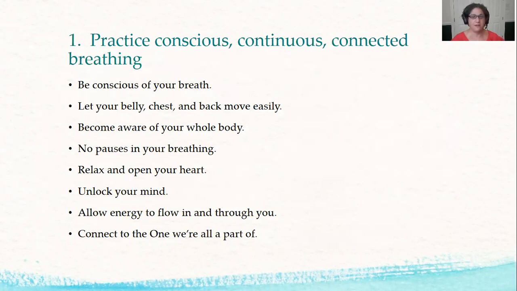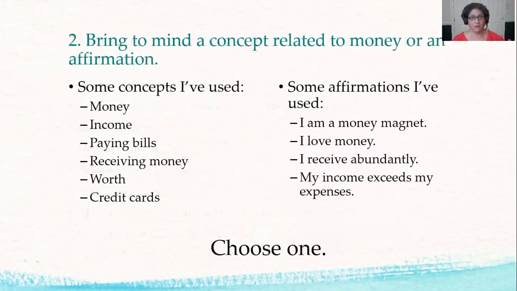And then the last piece, the connected breathing, what I'm talking about with that is that you're breathing into, you're feeling in your body, your heart, your mind, your energy field, and all that is. So I'm going to invite you to breathe into all those different parts of you and open the flow of it. All right, so that's the first piece of this, and this often will last for a big chunk of the practice.